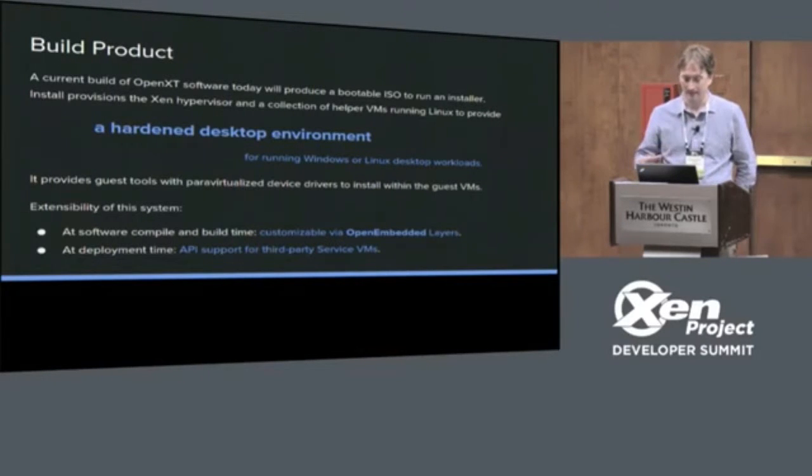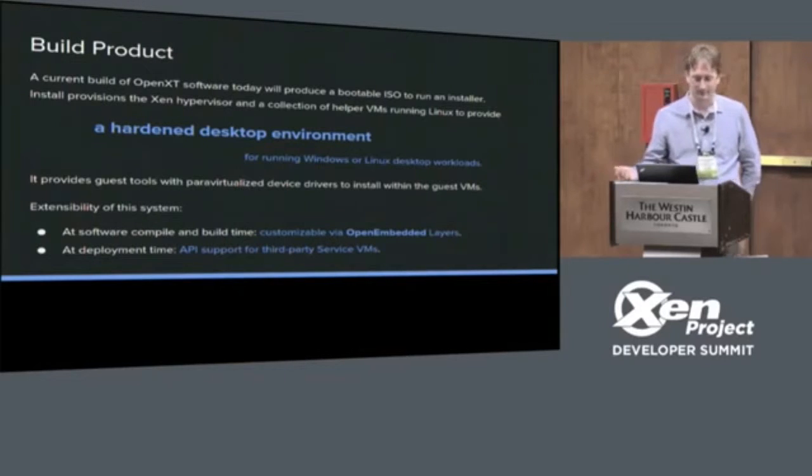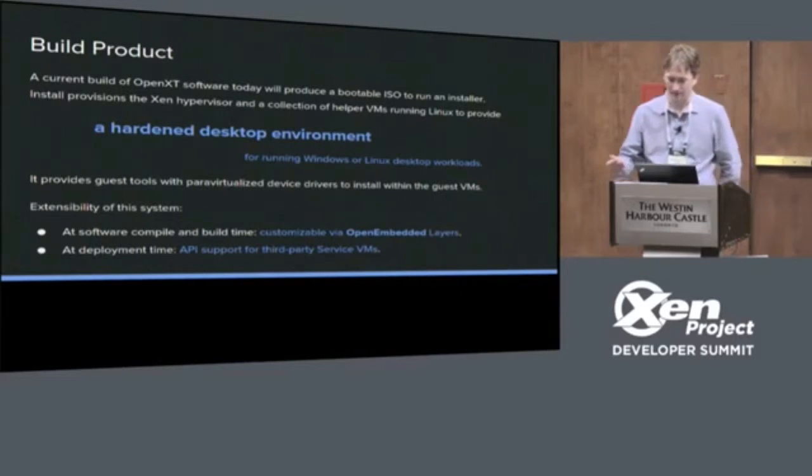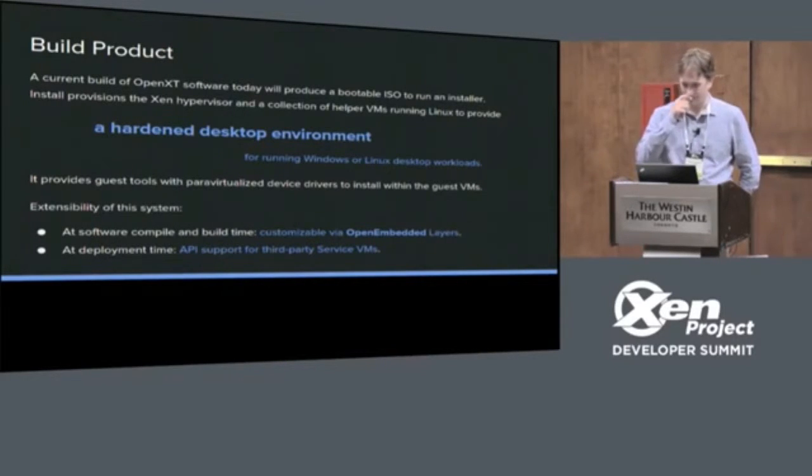It has an architecture that stands more in support of security than your typical Linux or Windows desktop, because we were making use of hardware technologies that provide capabilities used by the OpenXT system to lock down the environment that you're running your Windows or desktop workload within.